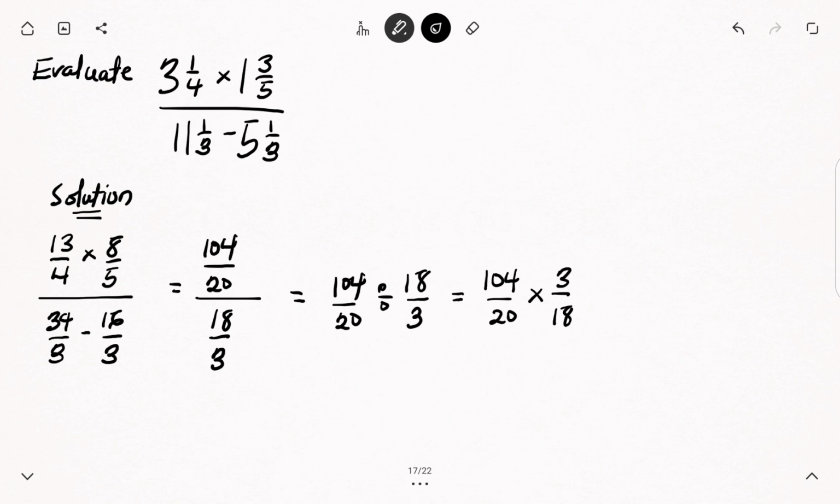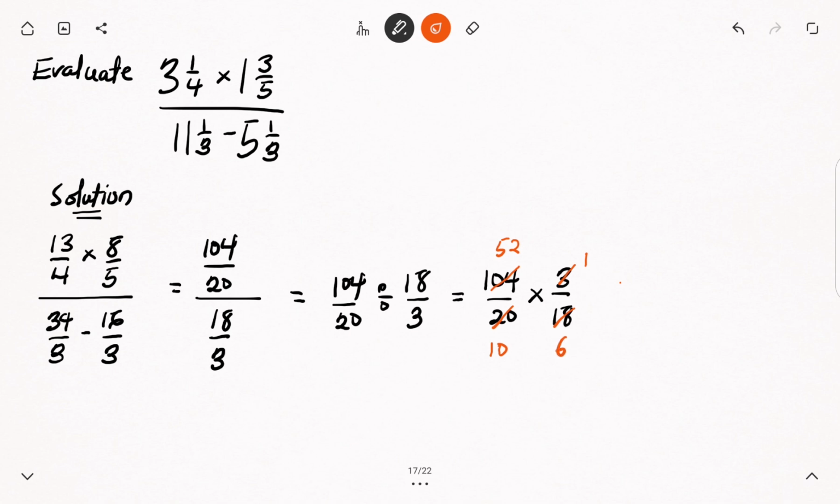Now, if you look at it, 2 will go into 104 52 times, 2 will go into 20 10 times, then 3 will go into itself once, 3 will go into 18 6 times.